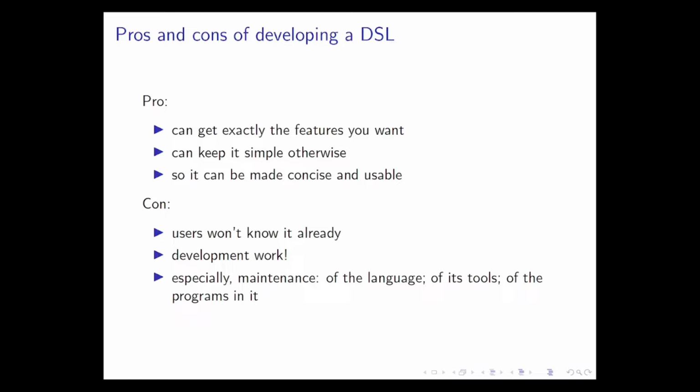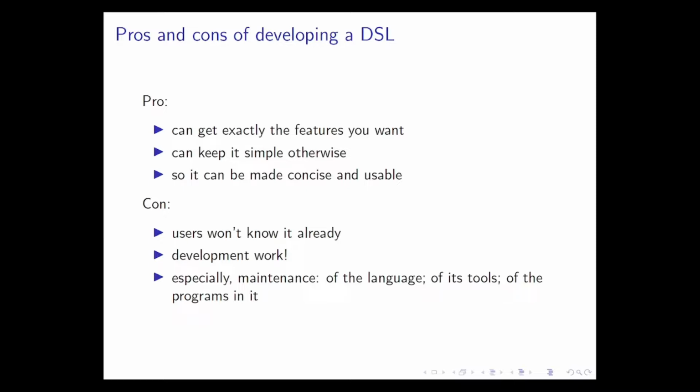The arguments against are your users have to learn it, and that's never free. It's easier if your language is more concise and usable, but it's never completely free. You have to develop it, or rather somebody has to develop it. And the hard part is not the development of the language in the first place, the hard part is the maintenance associated with it.